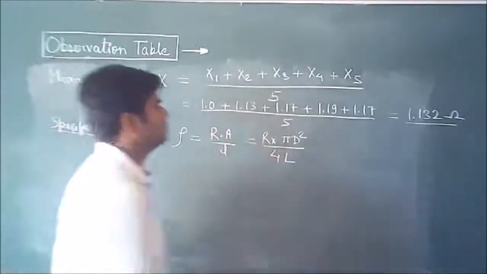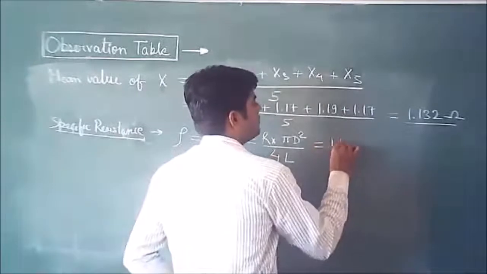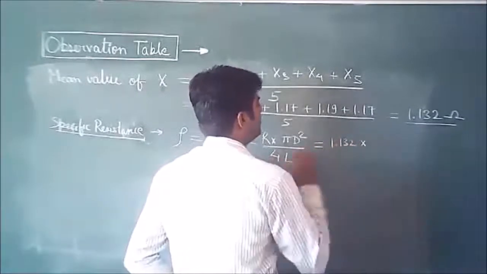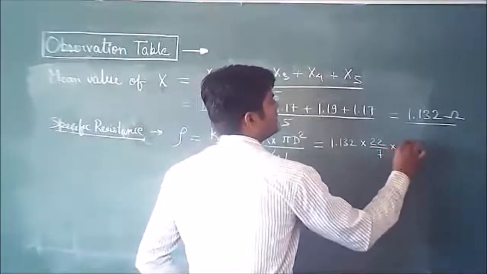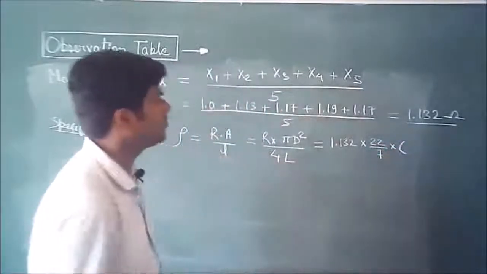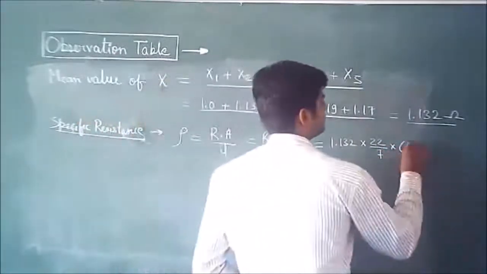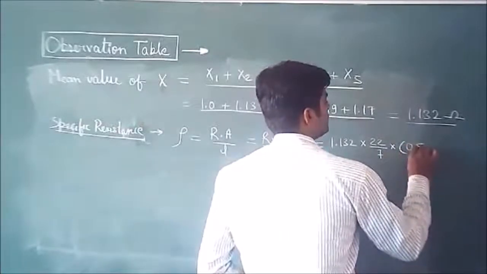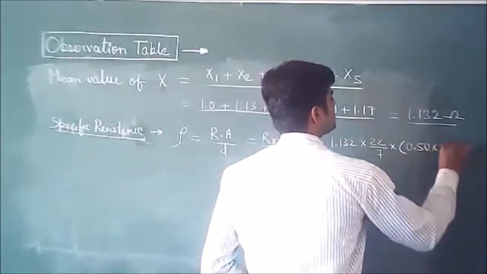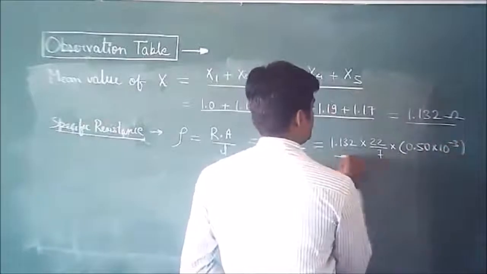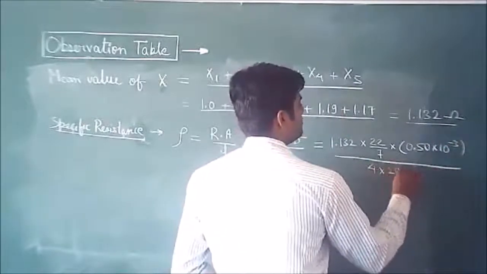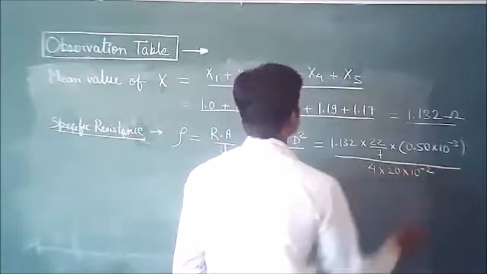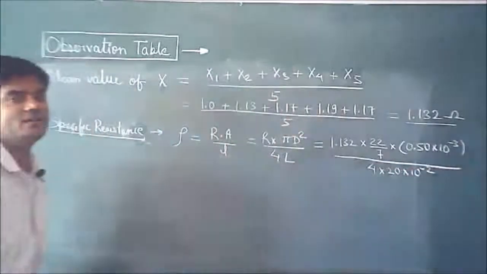Let us put in the values. 1.132 into 22 upon 7 into d square, where the diameter was 0.50 into 10 to the power minus 3 (it came in millimeters), upon 4 into 20 into 10 to the power minus 2. Length was 20 centimeter, if you remember.